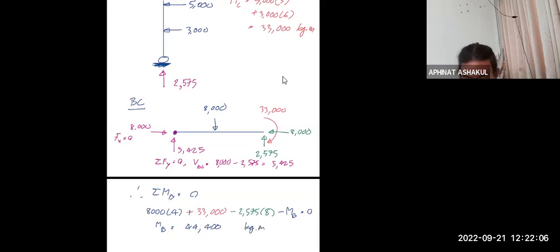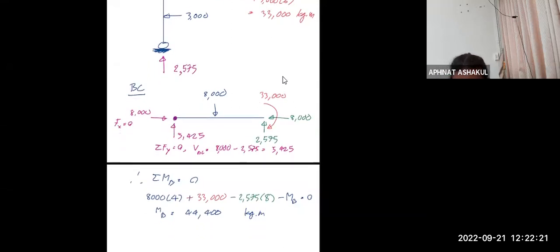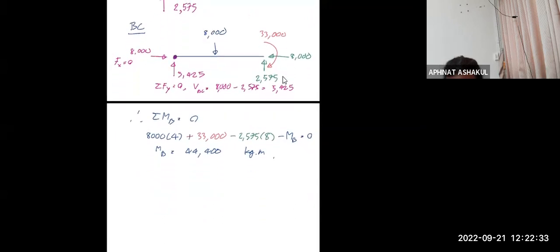So you see, there is a moment at B. If you don't have this, your member BC is not under equilibrium. And now, with a wing and a prayer, you should get MB exactly the same if you work your way from member AB. So now when you reach this point, there are two ways to do it.